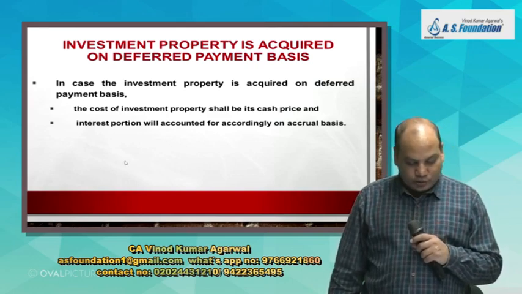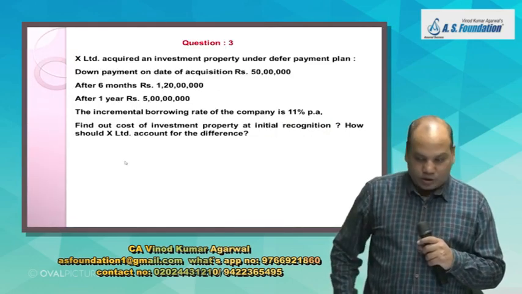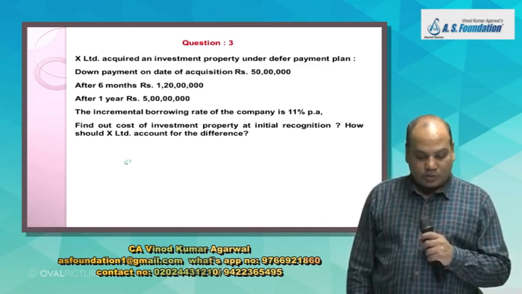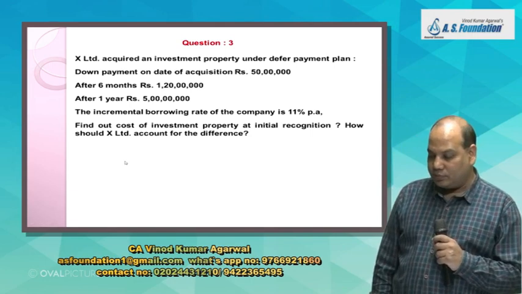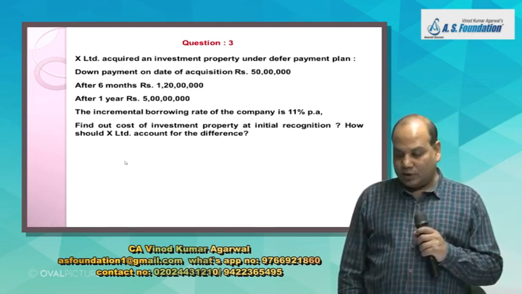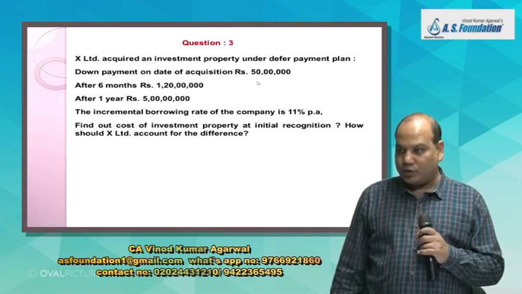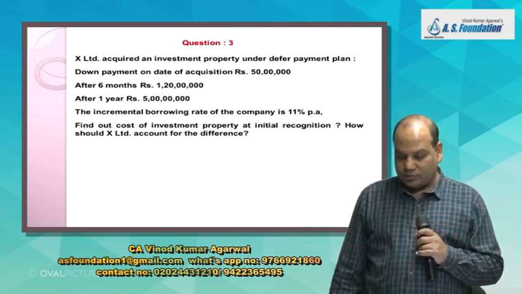Here we have to solve one small example in the notes itself. X Limited acquired an investment property under a deferred payment plan. Down payment on the date of acquisition is 50 lakh. After 6 months, you have to pay 1 crore 20 lakh.